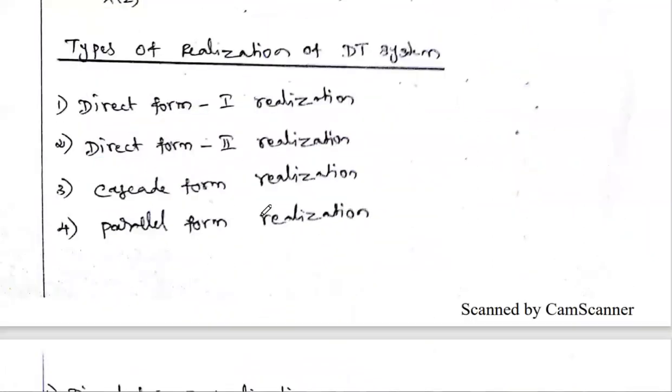And what are the different types of realization of the discrete time system? This is also one of the 2-mark questions. This topic is similar to the continuous time system. The different realizations are direct form 1 realization, direct form 2 realization, cascade form realization and parallel form realization.